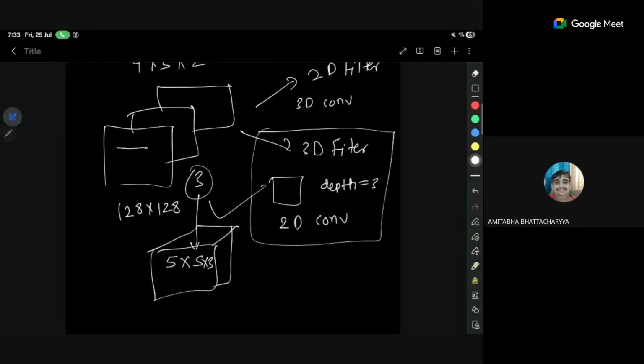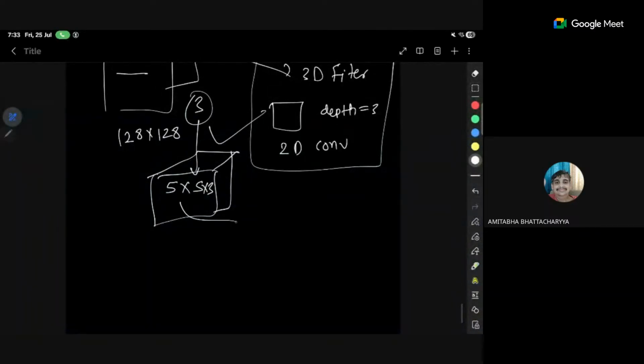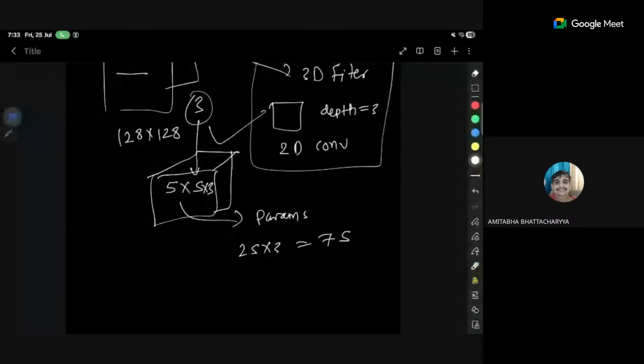You can think of why 3 only and not other. Whatever depth my image has, that much depth I have to choose for my filter also. So all of these are parameters. That is 25 into 3, which is 75. 75 parameters will be there in this.